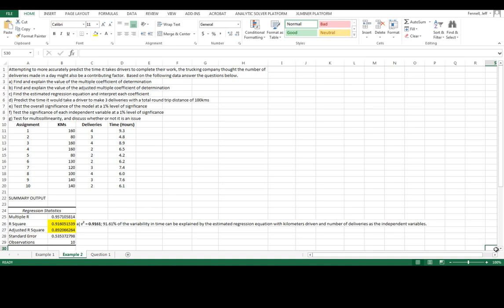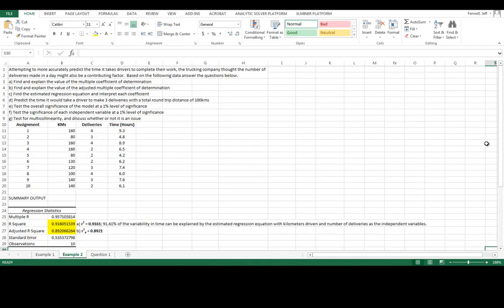Even if we're adding variables that really add nothing to the model, don't help us make a better prediction whatsoever, they're going to artificially enhance our r-squared value. So adjusted r-squared simply takes into account how many independent variables we have in the equation. So we have an adjusted r-squared value of 0.8921.